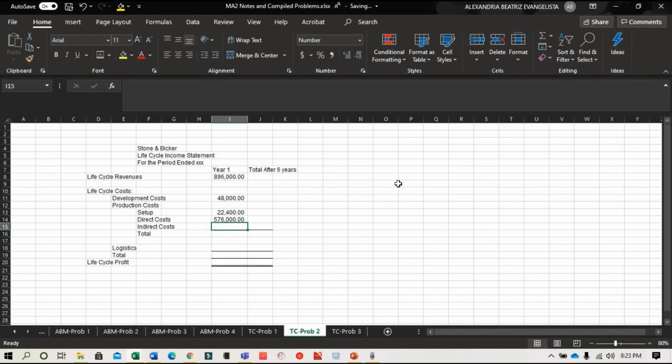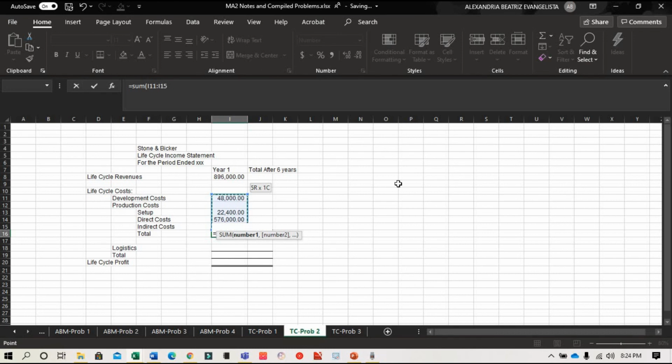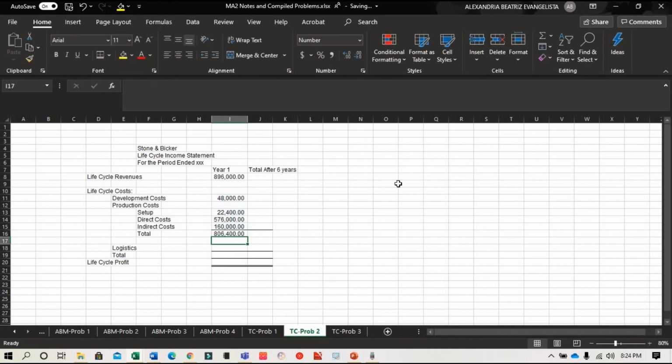And for indirect costs, it is already stated in the problem that indirect manufacturing costs are estimated at 160 per year. So we're just going to put it as is. And the total development and production cost would be 806,400.